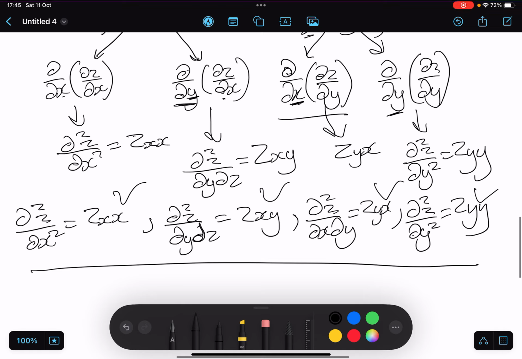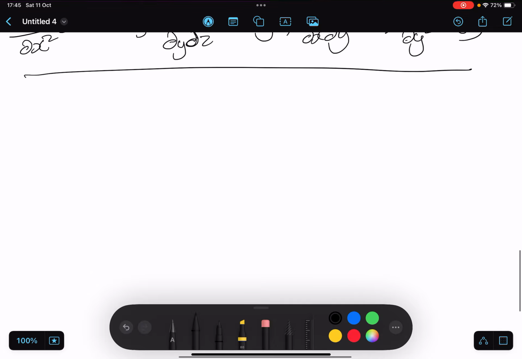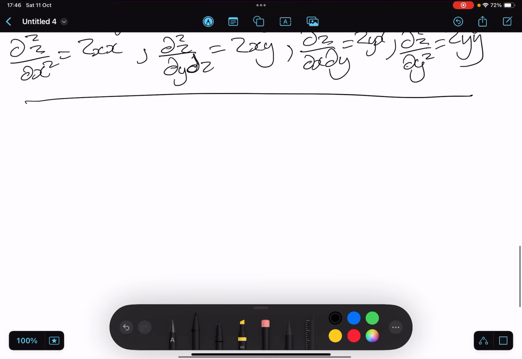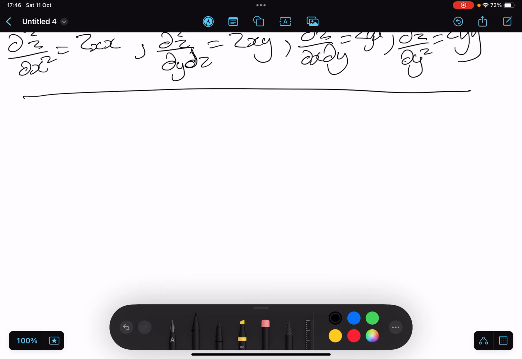And now we are going to do questions, just simple questions where you are solving an ordinary multivariable function. So let's say you have z is equal to 4x cubed y plus 4xy squared.